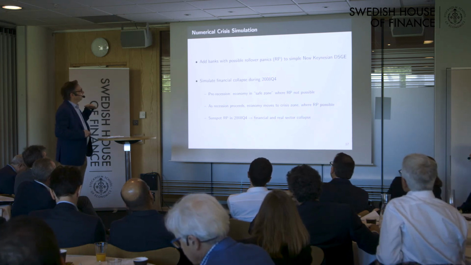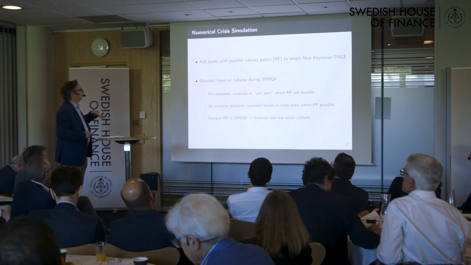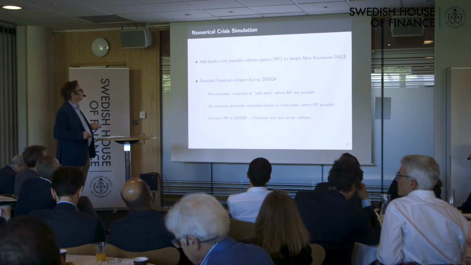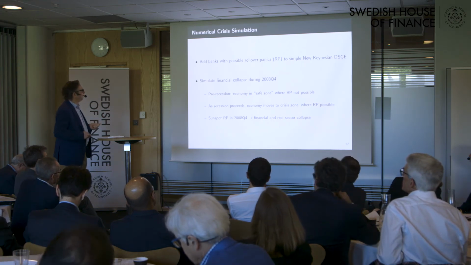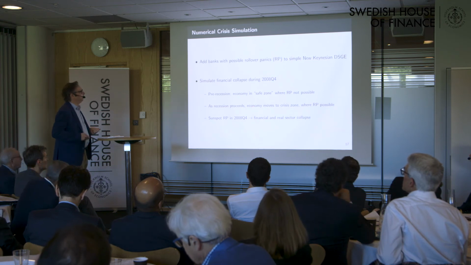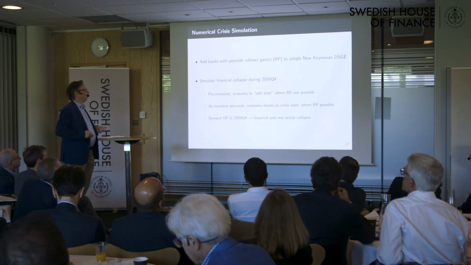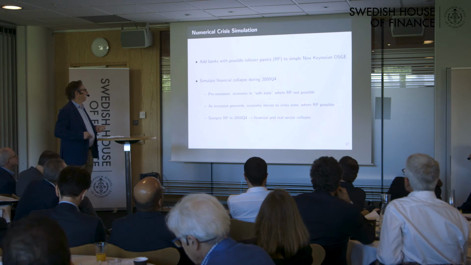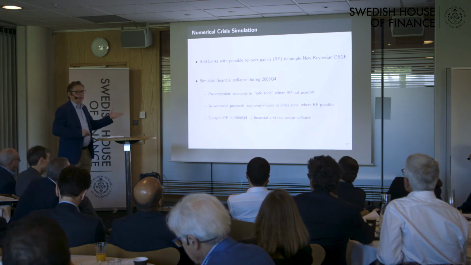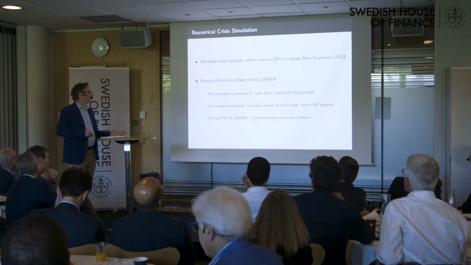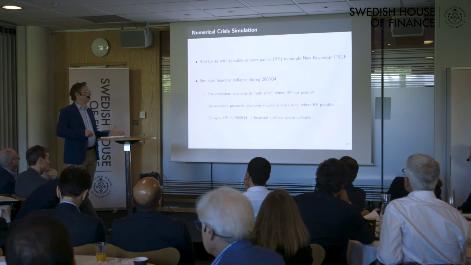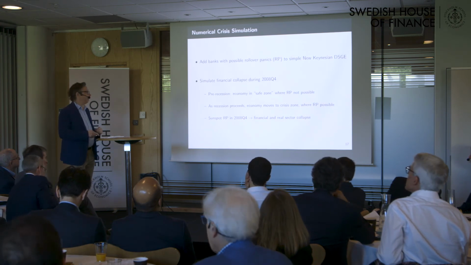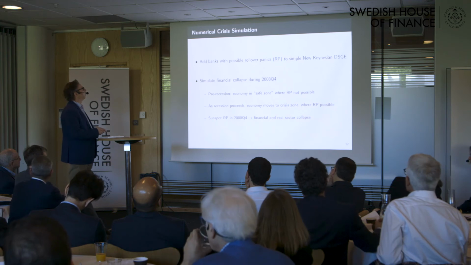We start the economy in a safe zone pre-recession where the panic is not possible. As a recession proceeds, the economy moves to a crisis zone where a rollover panic can occur. Then we let the sunspot panic occur in 2008 Q4, and you'll see a financial and real sector collapse.